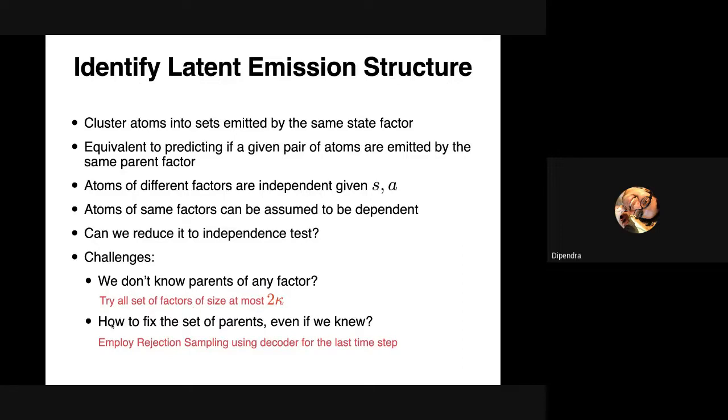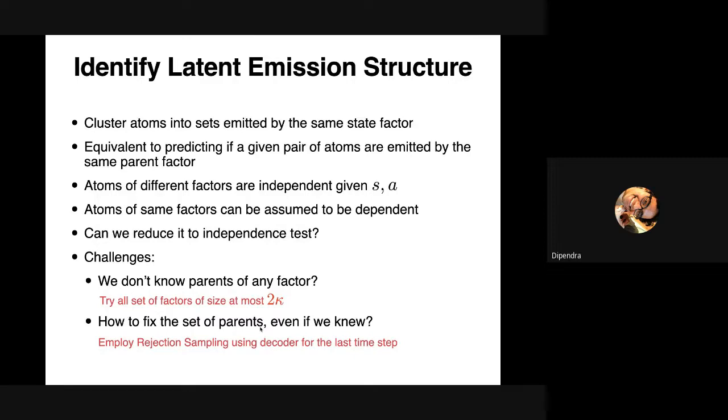The second is that once we assume a set of factors, we can employ rejection sampling to set the values of these parents, because we have a policy cover that will maximize the probability of a given set of factor values. So we can use the policy cover to reach the configuration where these parents are likely to have that given value. Then we can use rejection sampling with our decoder to throw away the data where the constraint is not satisfied.